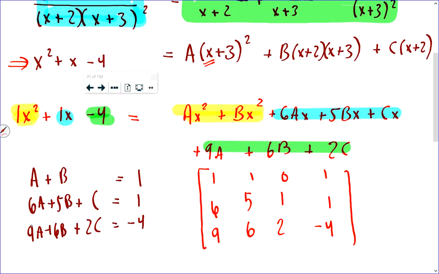But you can certainly give that a crack. Take the middle row and subtract 6 of the top. You always want to try to subtract, because then you're still keeping integers. You don't have fractions. Take the bottom row and subtract 9 of the top. Then these two will be zeros. Then you can take whatever number you have here and subtract that number.